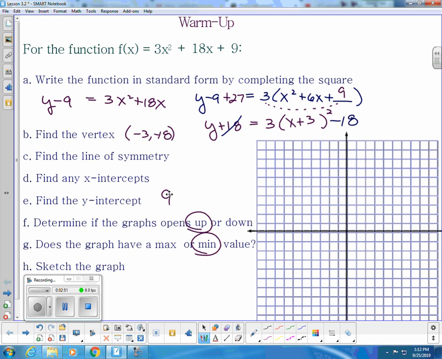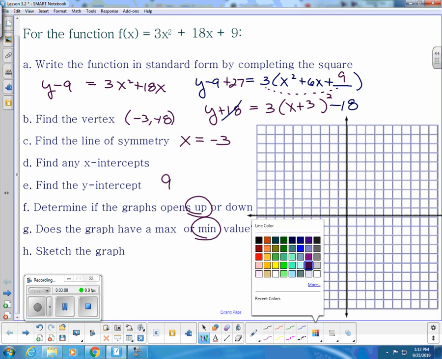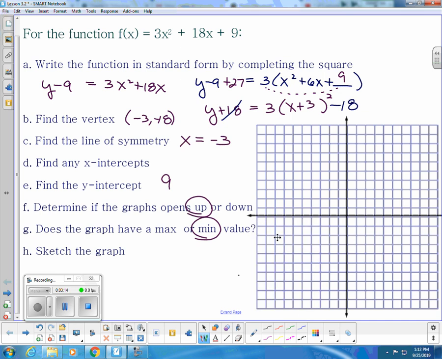All right, find the line of symmetry. x equals -3. And then we'll go down here and find the x-intercepts. But first, let's go ahead and graph this. We're going to do the y-axis. It's going to be by 2s. So we've got -3, 2, 4, 6, 8, 10, 12.